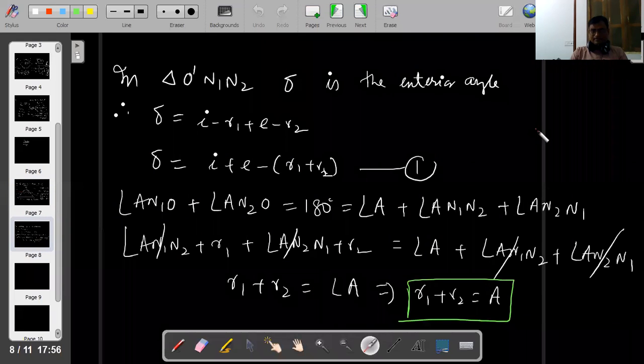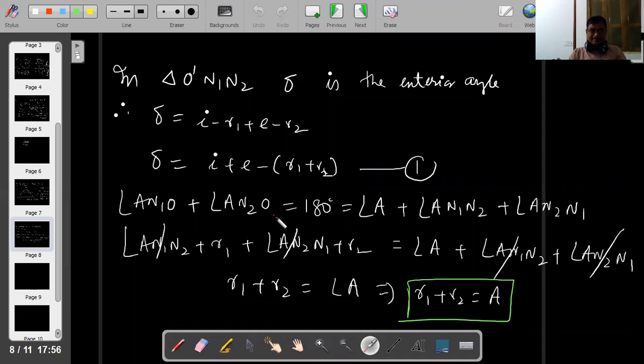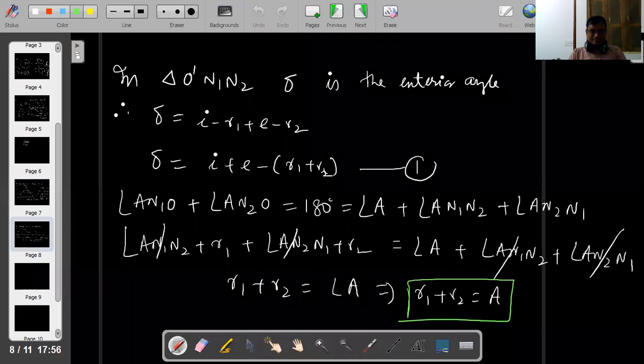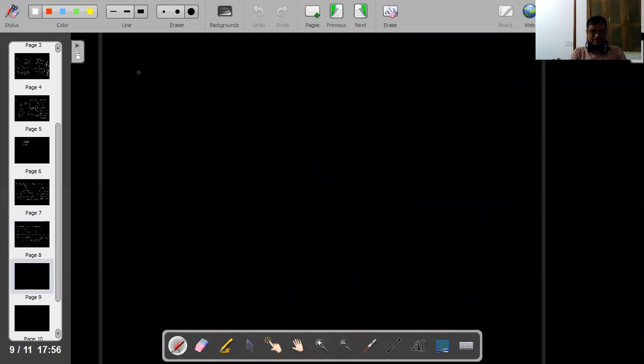Write down in equation 1: delta is equal to I plus E minus (R1 plus R2).